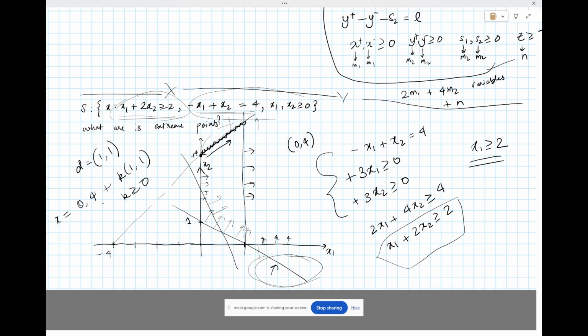So if I substitute this here, what do I get? x will be minus 0 plus k plus 4 plus k. So this k and k will get cancelled. I'll get 4. So all of this will satisfy this.